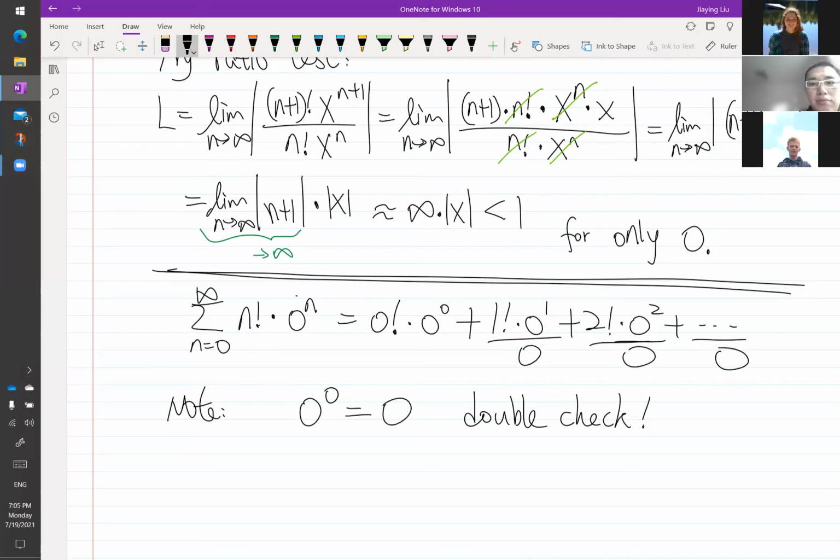And 0 factorial is 1, and 0 to the 0, I believe, is 0, so you get 1 times 0 again, that's a 0.